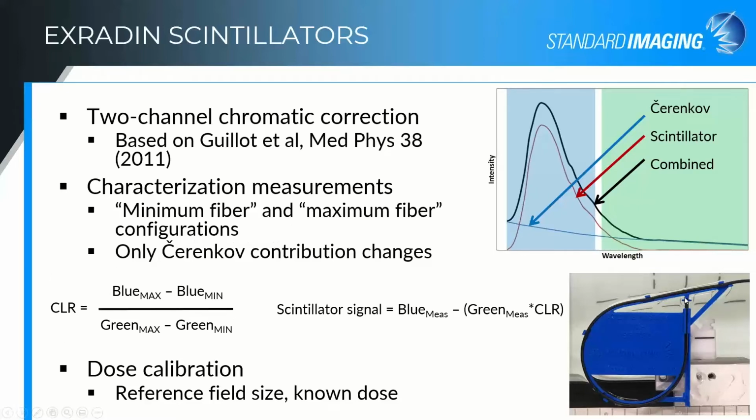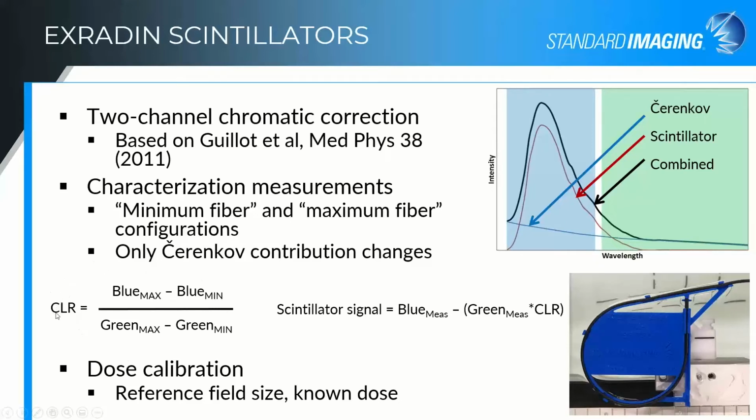where we deliver dose to that scintillation portion, or the active scintillator, and keep that dose the same, but change the amount of optical fiber that's in the field. So we call these minimum fiber and maximum fiber configurations. Minimum fiber would have the fiber coming straight out of the field, where the maximum fiber configuration wraps it around.